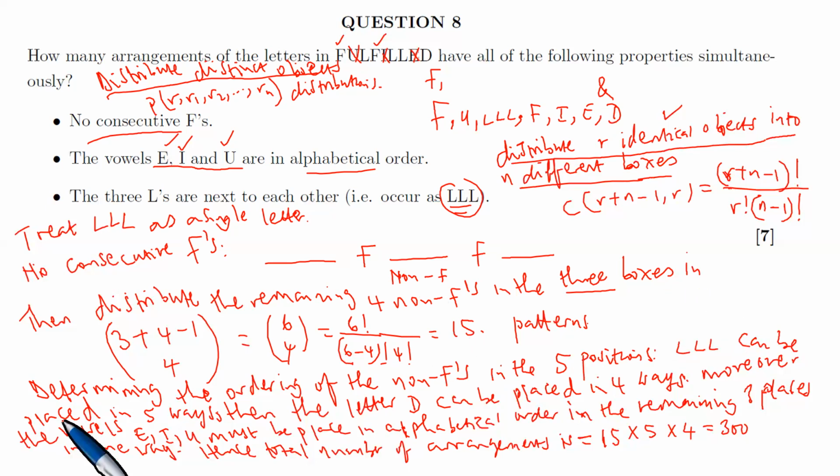So that's fine. And then now we proceed to say, obviously, determining the ordering of the non-Fs in the 5 positions. We counted a total of 5 positions: 1, 2, 3, 4, 5 positions.